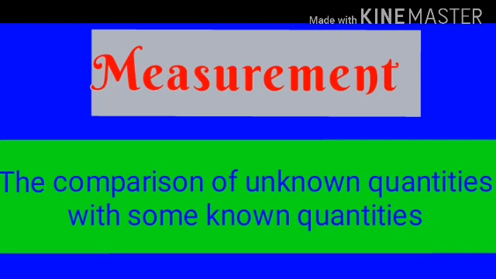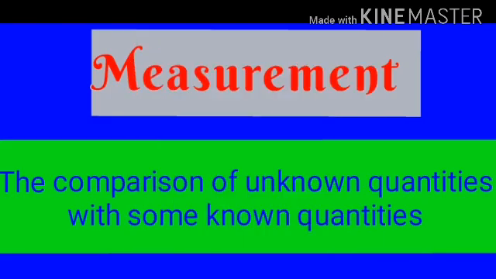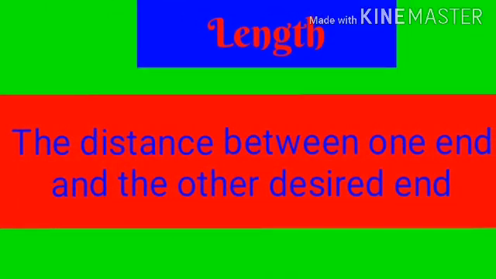We have already heard words like millimeter, centimeter, meter, kilometer, etc. These are the units to measure length. What is length? The distance between one end and the other desired end is called length.